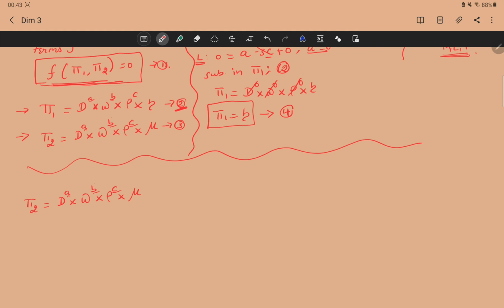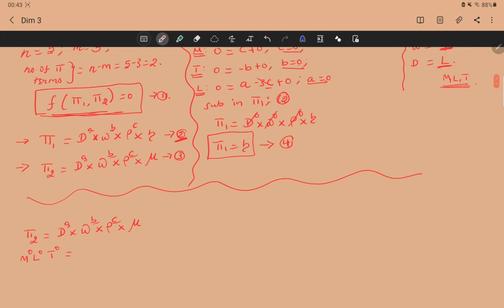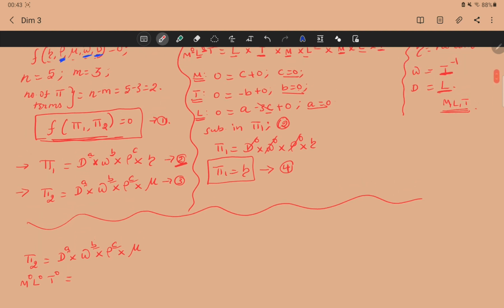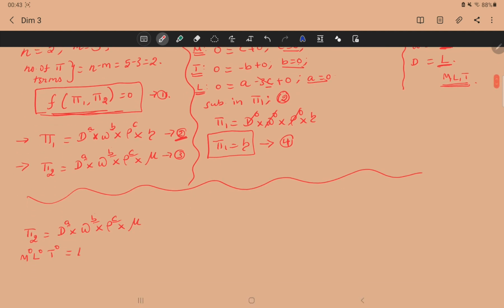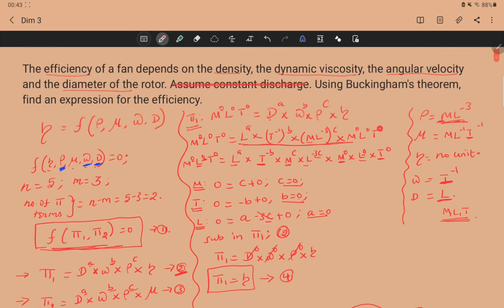So let us write all the variables in dimension form. Pi 2 is a dimensionless term. So m power 0, L power 0, T power 0 equals, again, look at this. D, omega and rho are all repeating variables, so they are all going to have the same dimensions as here. So D is L power A times omega is T power minus 1 times B times density is M L power minus 3 power C times the dimension for mu.